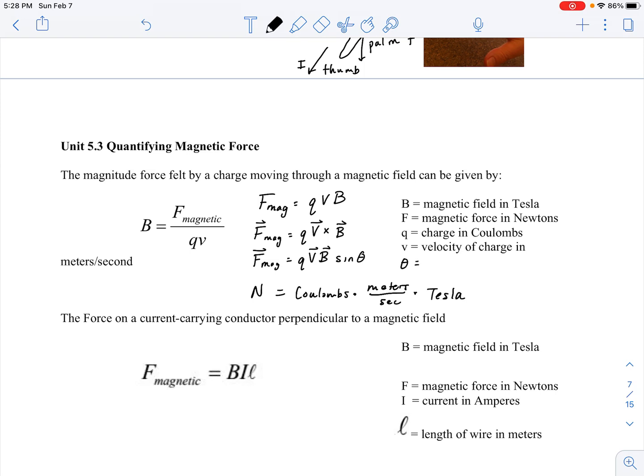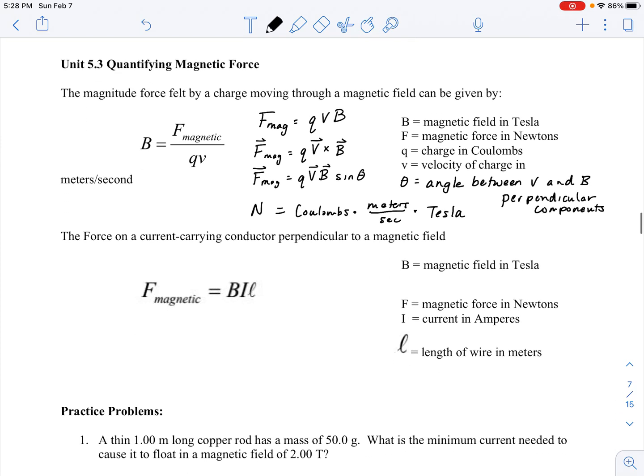And once again, I'll just write here that theta is the angle between the velocity and the magnetic field. Okay, we want the perpendicular components.